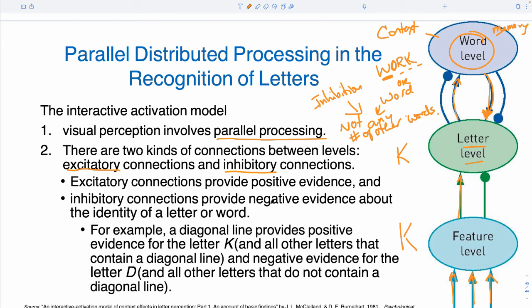So inhibitory connections provide negative evidence about the identity of a letter or word. It's what it can't be.